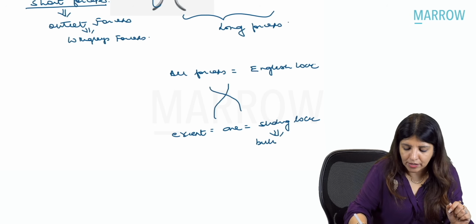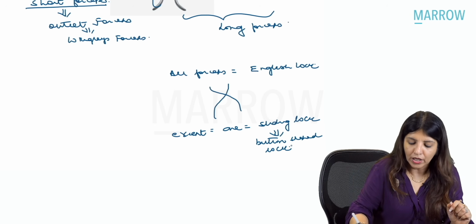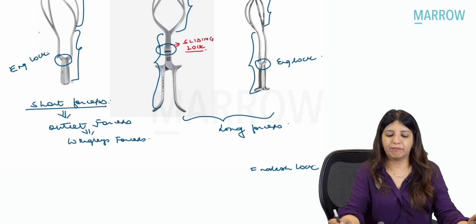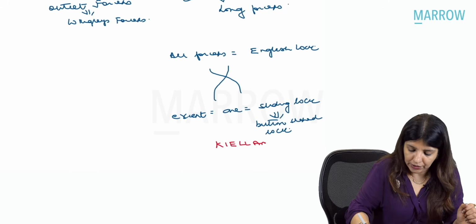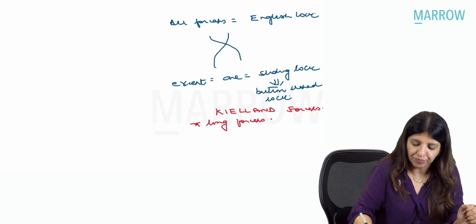Sliding lock is a button-shaped lock. The only forceps which has a sliding lock or a button-shaped lock is Kielland forceps. A Kielland forceps is a long forceps, right?